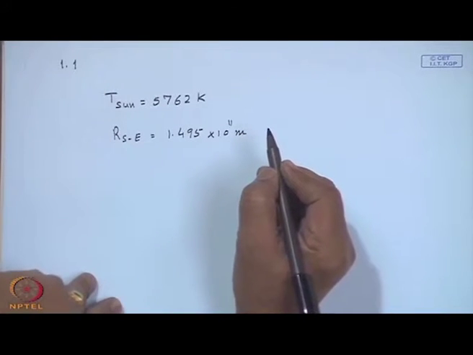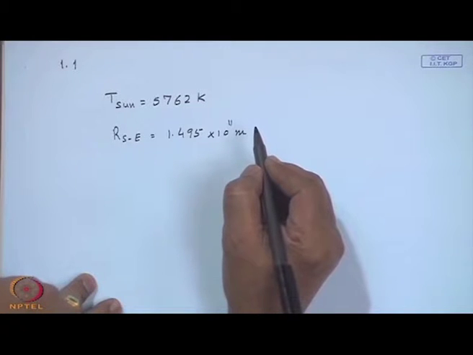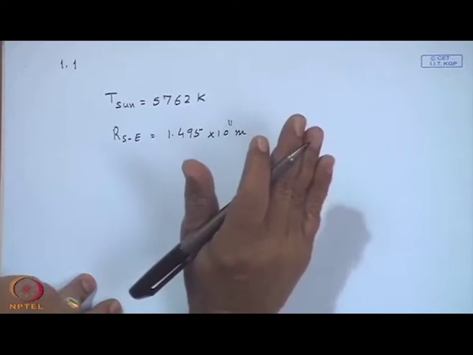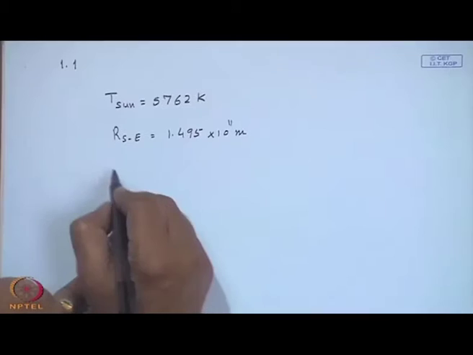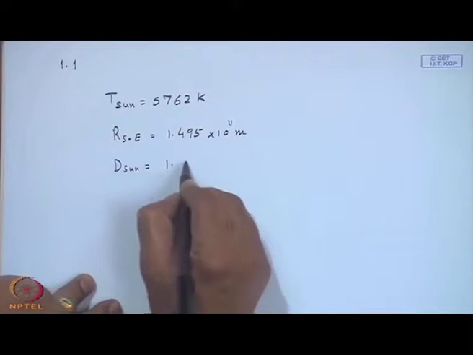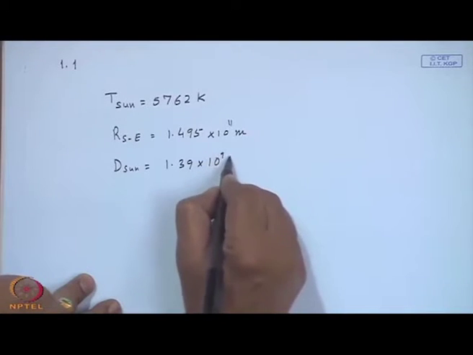Though we have gone through all these things in the lectures and probably these numbers also were given, I felt a reiteration would be helpful for you to have an idea of the orders of magnitude involved. And the diameter of the sun is 1.39 times 10 to the power 9 meters.